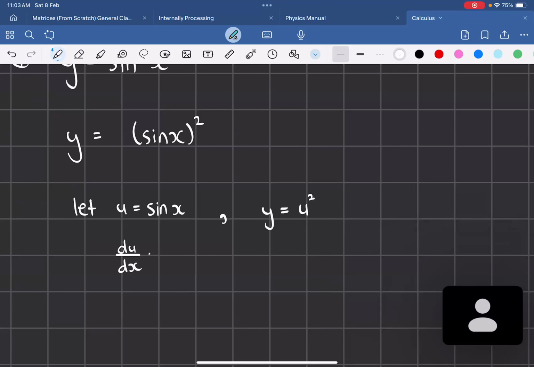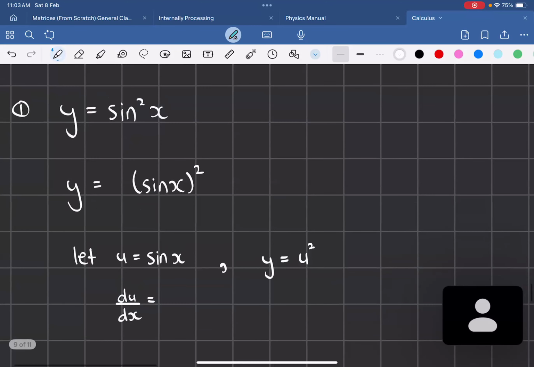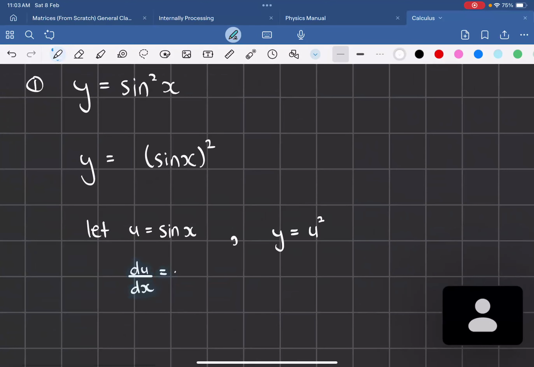If I differentiate sin x, what am I going to get? Cos x. If you differentiate sin x, you just get cos x. If you differentiate cos x, you just get minus sin x. I know what you're thinking. Why can't it just be simple and both of them be positive? I don't know.